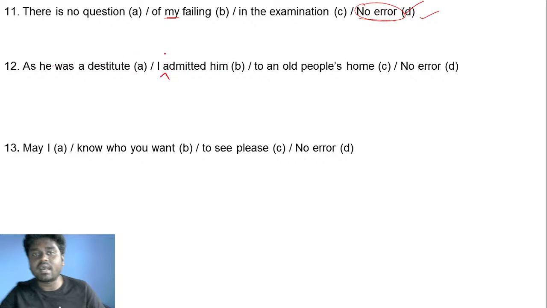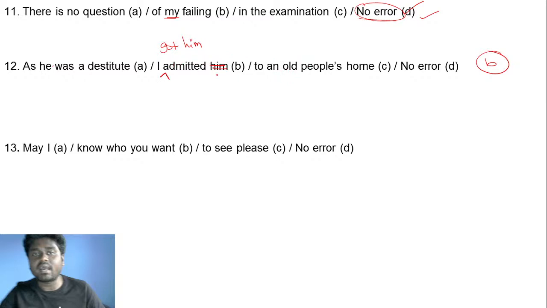It should be, as he was a destitute, I got him admitted to an old people's home. That should be the right way of expressing it.